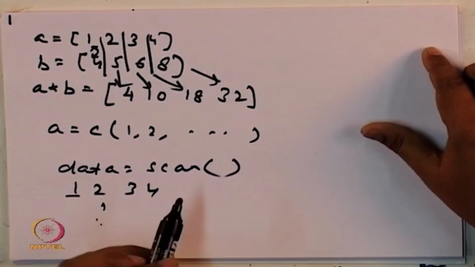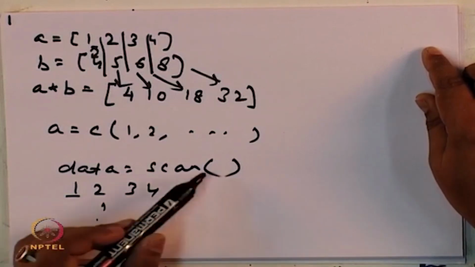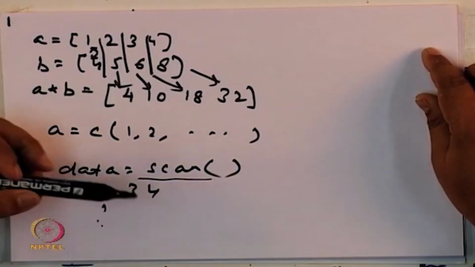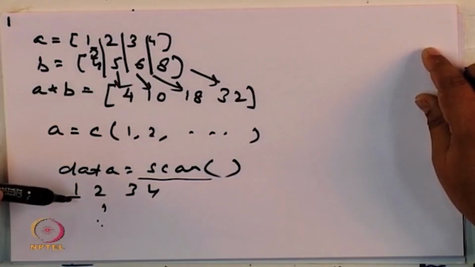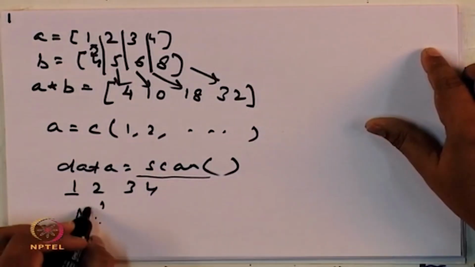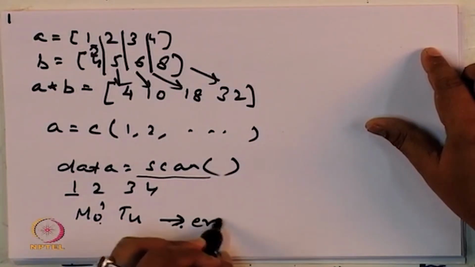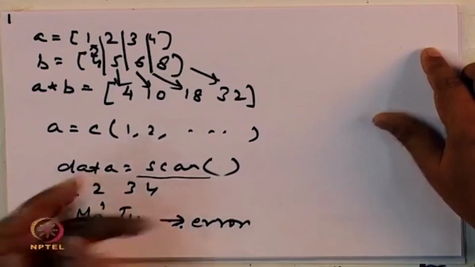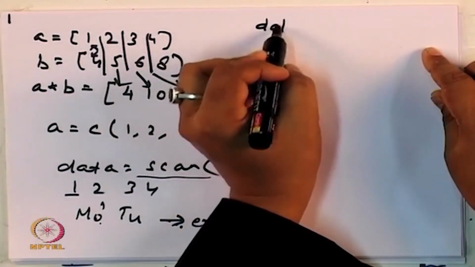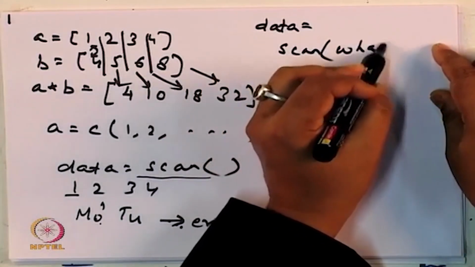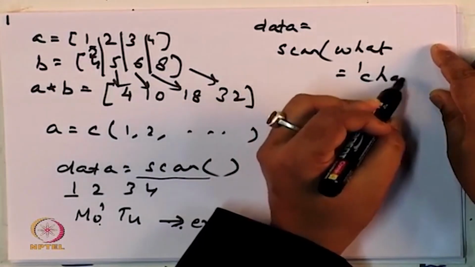Okay. The most important thing to note is that when you write the function scan, by default the software assumes that these numbers are real. So if I write Monday or Tuesday, this will immediately give an error. The way around it is to write data is equal to scan, with an additional term what is equal to char.